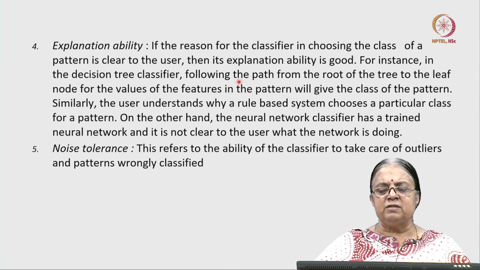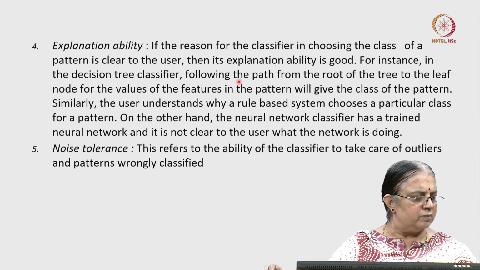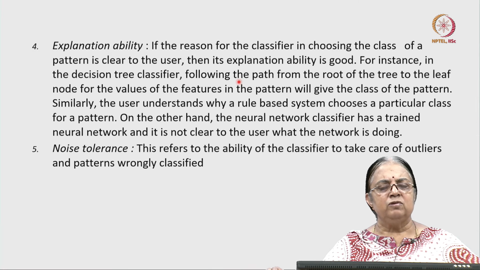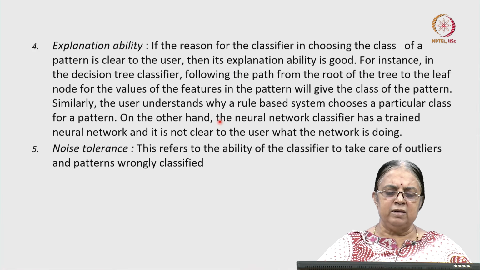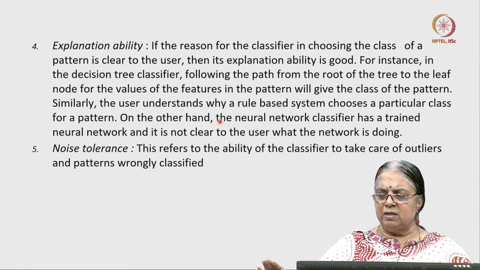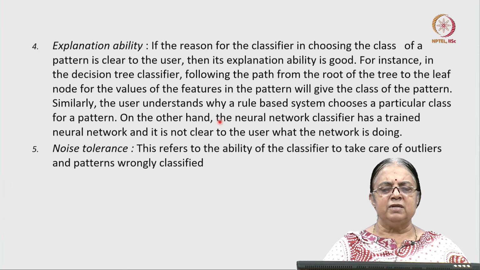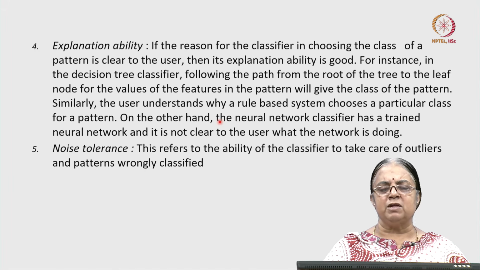Similarly, if you have a rule based system, the rules that have got fired tell you why this has been chosen. But if you take something like a neural network classifier, it is like a black box, right. It has been trained, the weights have been trained, and you do not know why it is happening. So, it is not possible to give an explanation given the neural network.